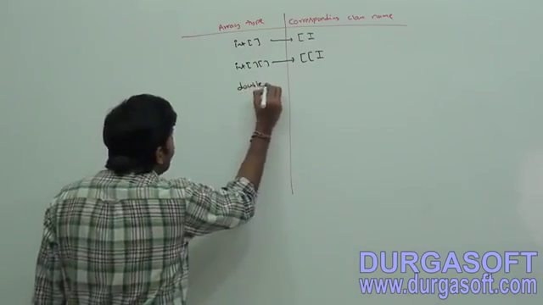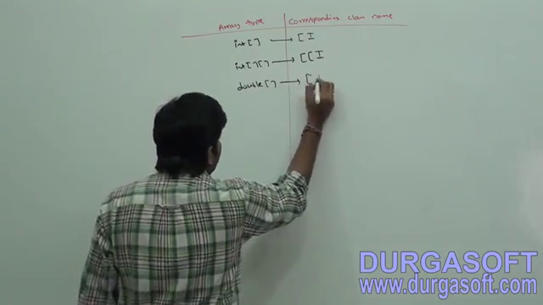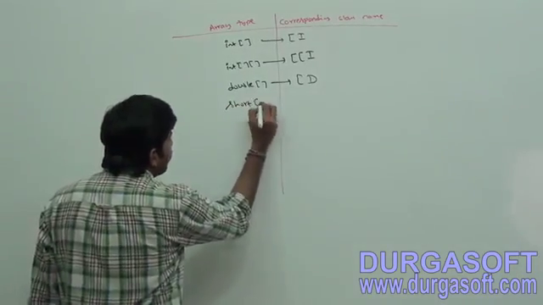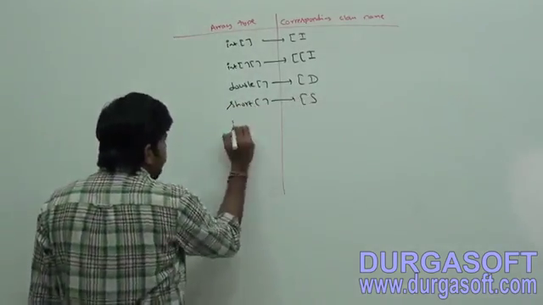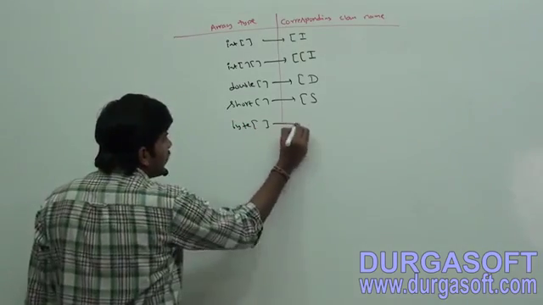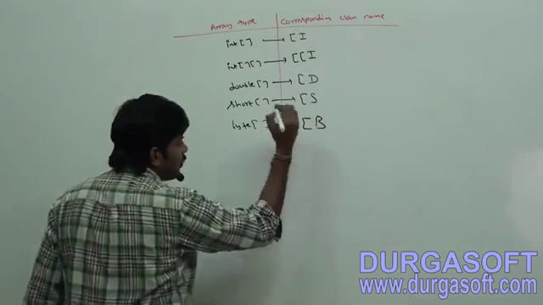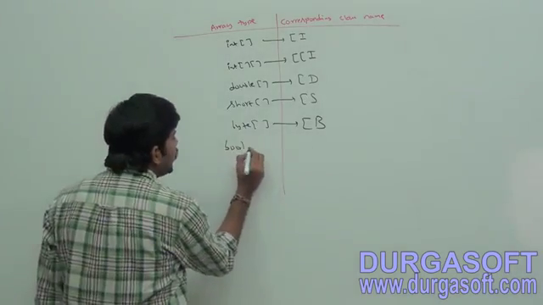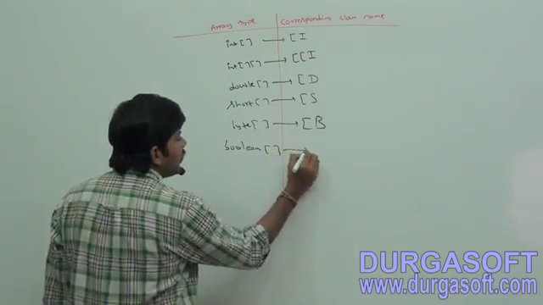If I take a double array, then square bracket D. If I take a short array, square bracket S. If I take a byte array, square bracket B. If I take a boolean array, square bracket.